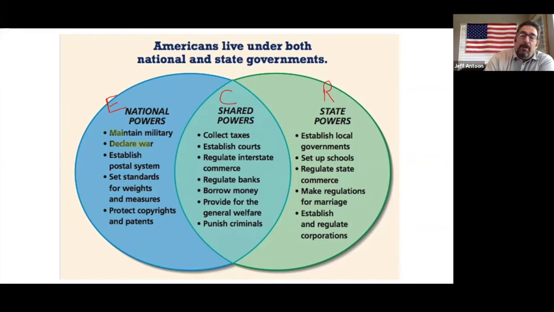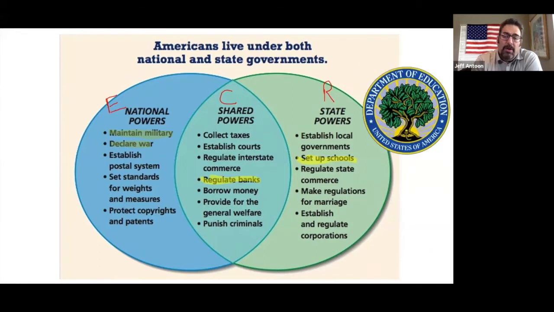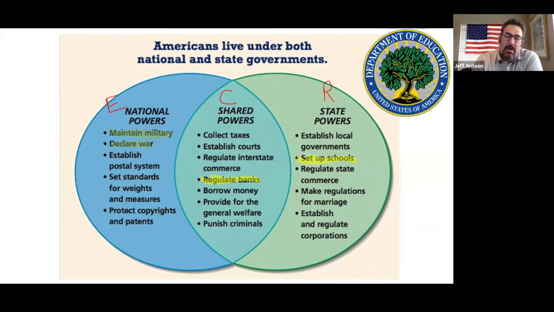And then on the other side, we have reserved powers or shared powers like regulating banks or setting up schools. That's a state power. States decide what the students are going to be educated. Ours is TEA, the Texas Education Agency, that determines what you're going to be studying unless you're taking AP, and obviously it's AP College Board. But again, there's one here. Notice there's a Department of Education, and Secretary Betsy DeVos is the current Secretary of Education.